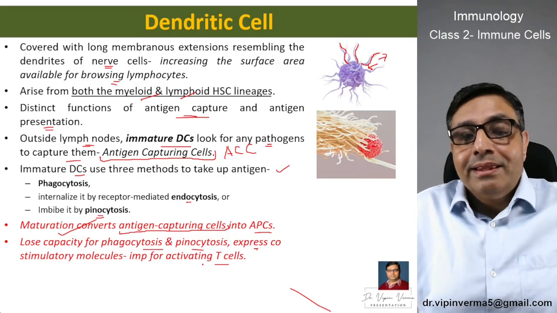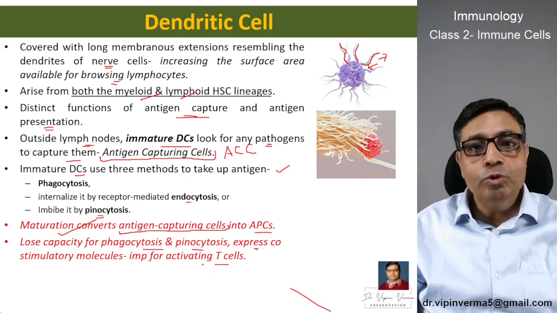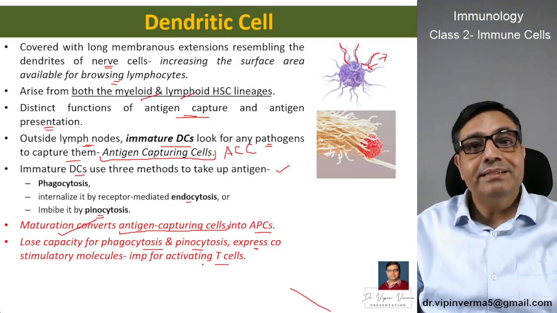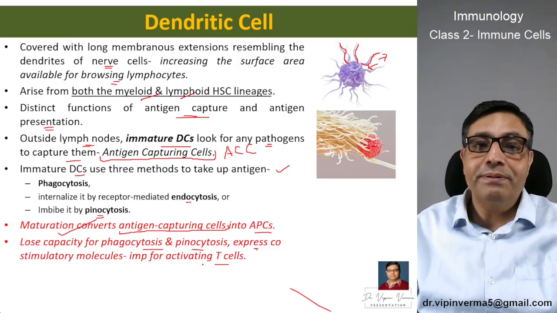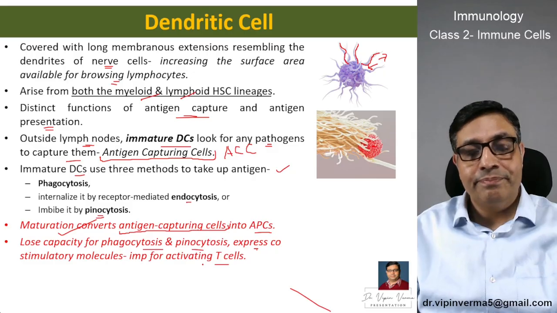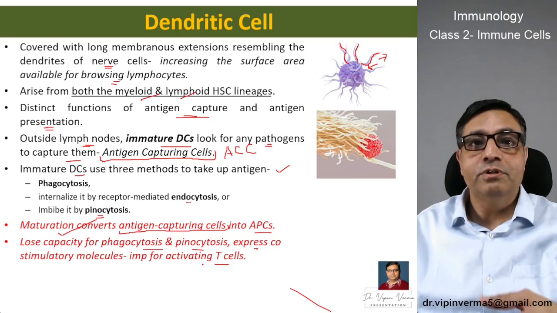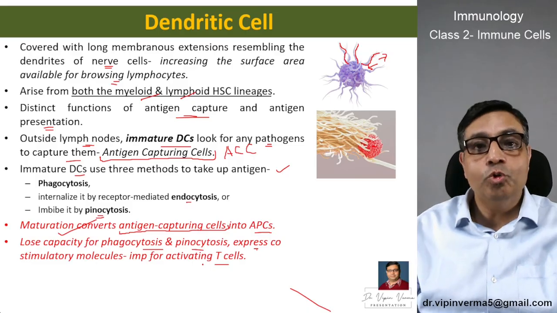Why do the antigen capturing cells suddenly lose their ability of phagocytosis? The reason is because they have the sample of the antigen, and they have to present this antigen to the T cells. If they do not lose this capacity, then probably they will keep capturing the antigen, keep processing it and keep presenting it with the MHC class 2 molecules.